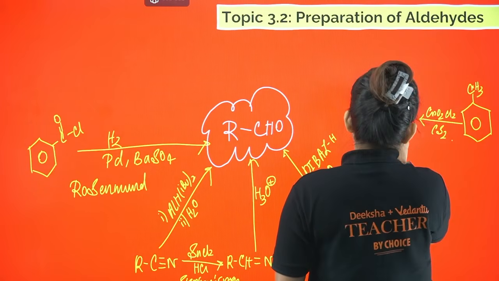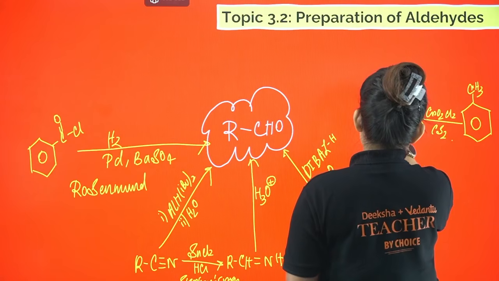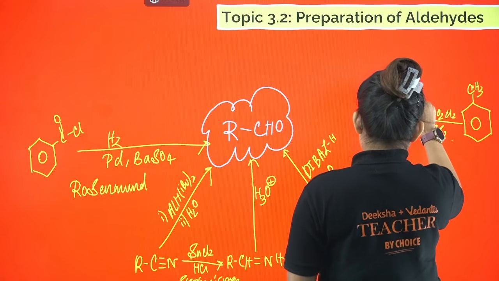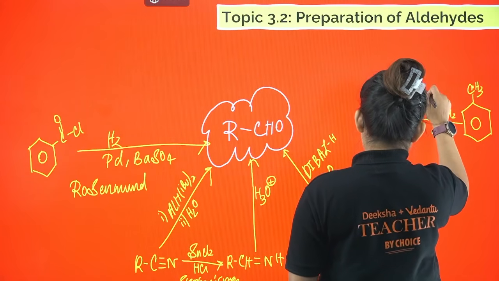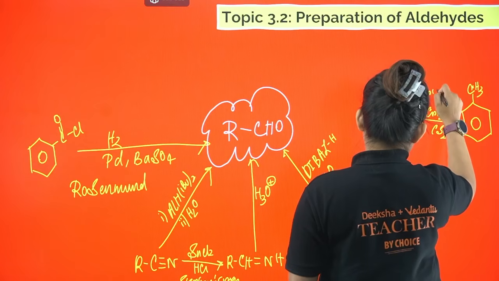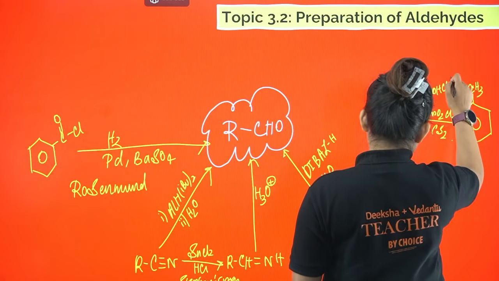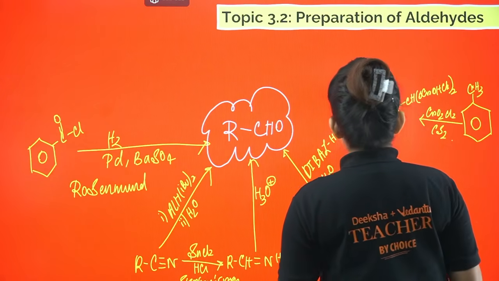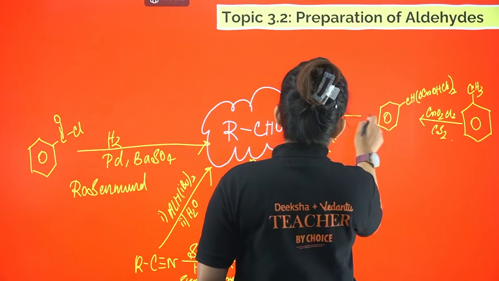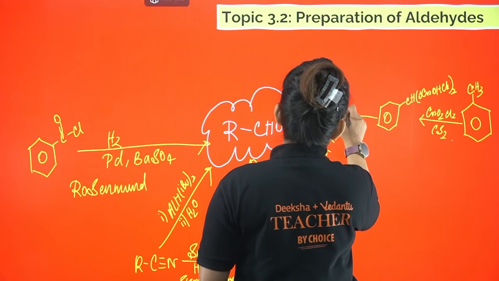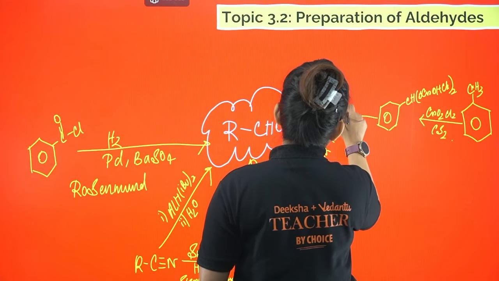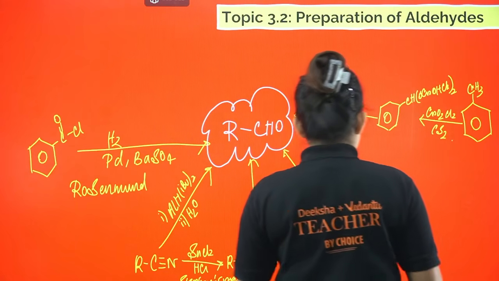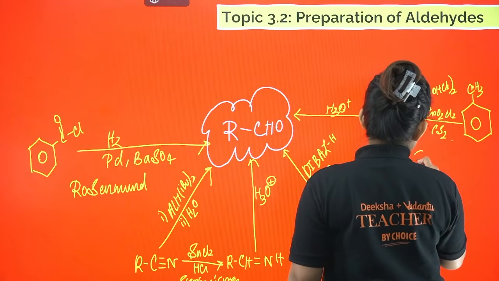It will give you this type of complex, CH(OCrOHCl2)2. Now on being treated with H3O plus, you will end up with the benzaldehyde. This is your Etard reaction.